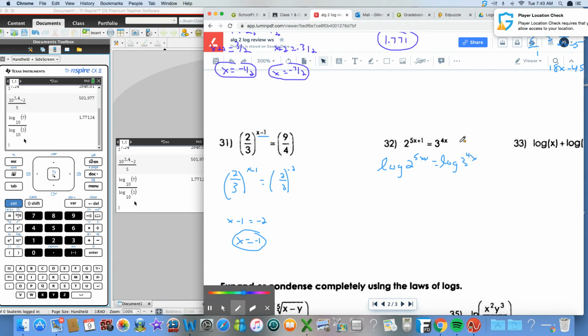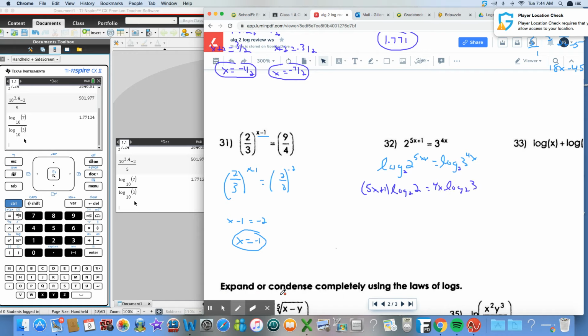All right, now this is where, when you have a variable in both, it's going to be advantageous if we just do this. Instead of being a log base 10, let's make it a log base 2. Because what happens when we move these things up front: 5x plus 1 times log base 2 of 2 equals, whoops, forgot to move it up front, move the exponent out front, 4x times log base 2 of 3.